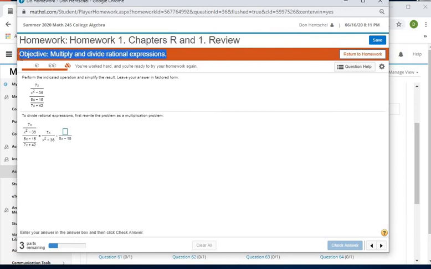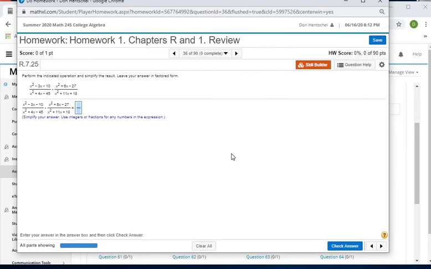Do you see what it says? Objective: multiply and divide rational expressions. I'm not even going to do the skill builder. I just wanted to see that. You know what else I could see that was always there? This right here.